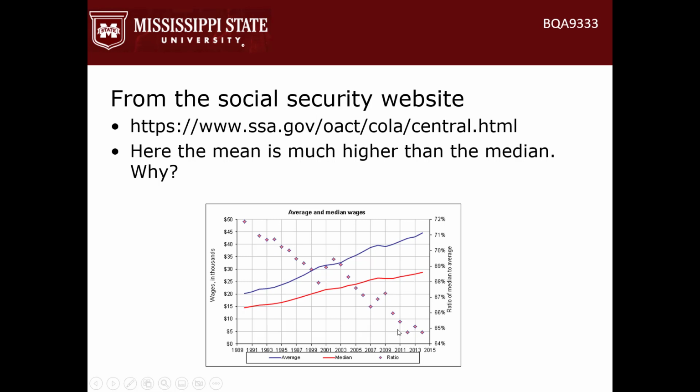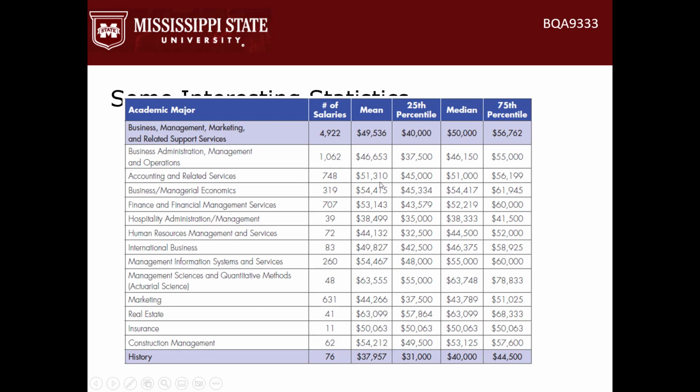And you see that the ratio of the median to the average is declining over time. The median income is now only 65% of average. So you can actually use that as a measure of income inequality. If you see that the mean is much higher than the median, the more it's skewed by extreme values, then the higher the level of inequality.